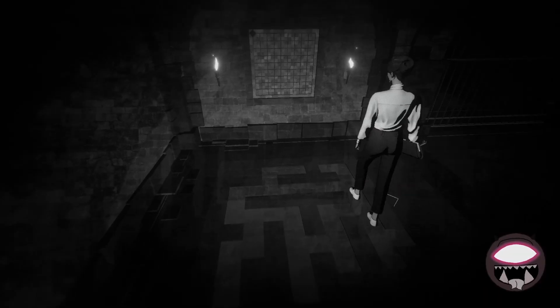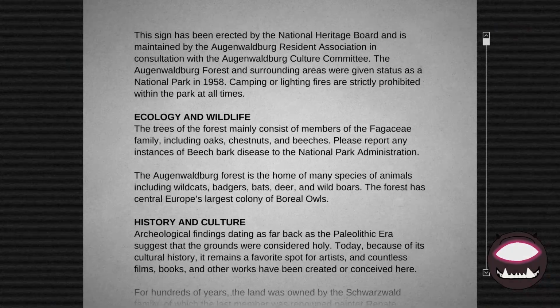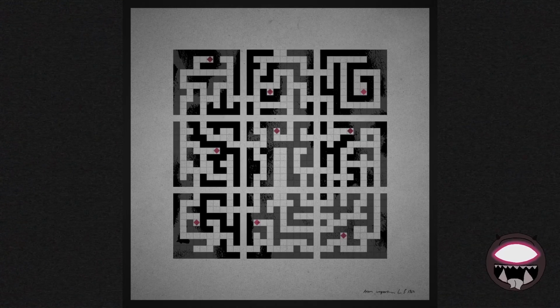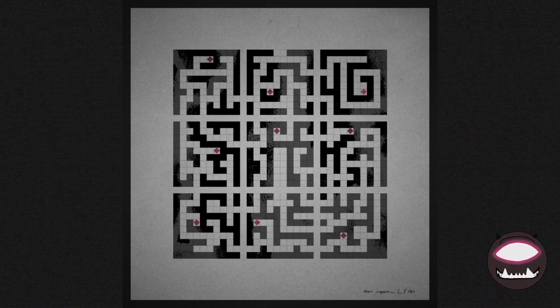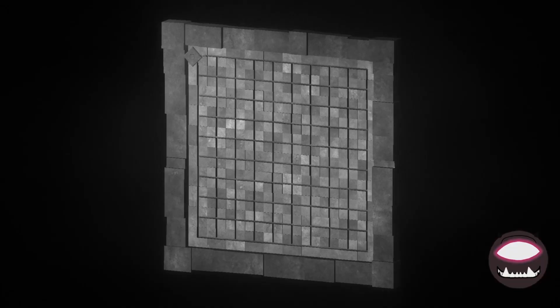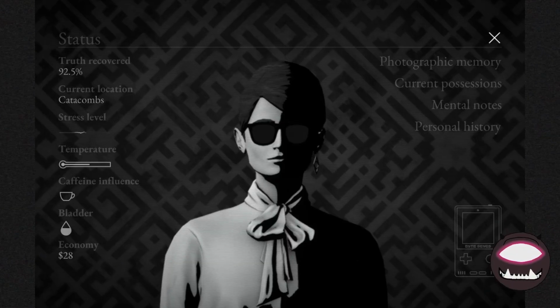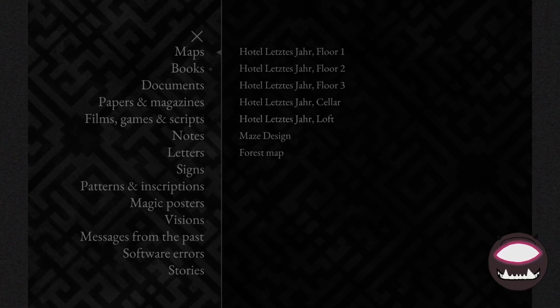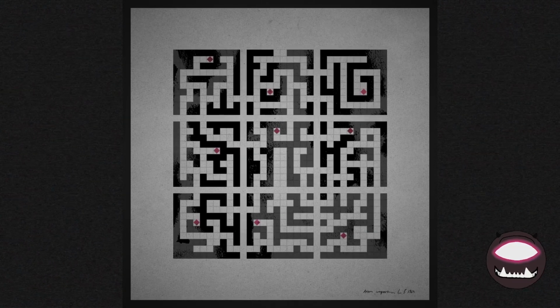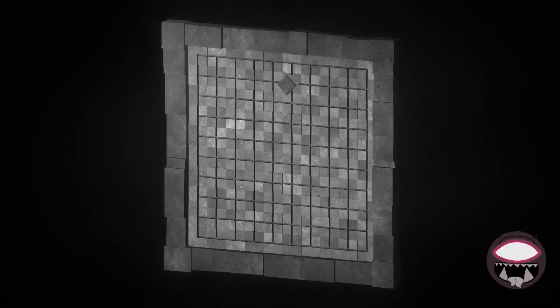Let me look at this again. Which one is this? Okay, I think this is the upper left corner. So it needs to be 4 from the right, and then 1 down. One, 2, 3, 4. Well, hold on. It's 5 over. 1, 2, 3, 4, 5.